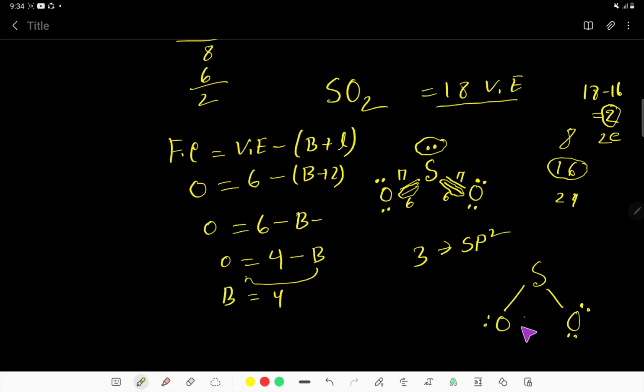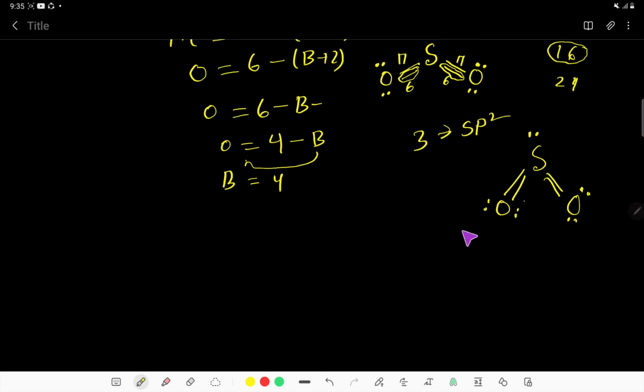So the electron geometry, or according to hybridization, its geometry is trigonal planar, but its molecular geometry or shape, when you are considering the repulsion of the lone pair, is bent shape or V-type shape, right?